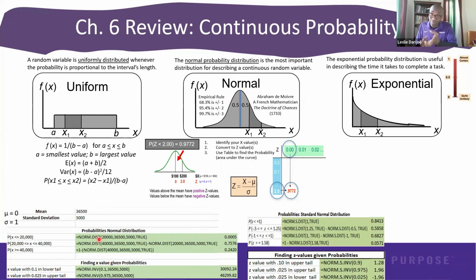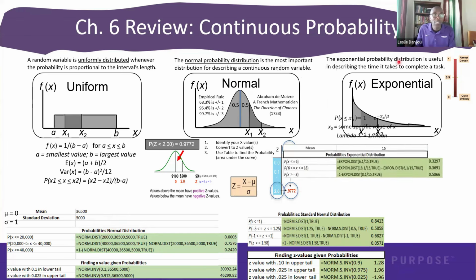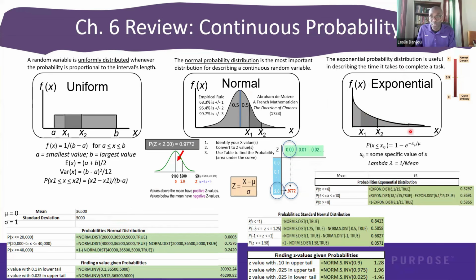If you wanted to inverse it, all you had to use was the inverse function. But please remember, if you want to go from a point to the left, you use the regular normal distribution function as an example. If you're going in between, you must do the larger number first minus the smaller number. If you're going to the right, it is 1 minus. The same concept we use for exponential. All right, that was chapter 6.